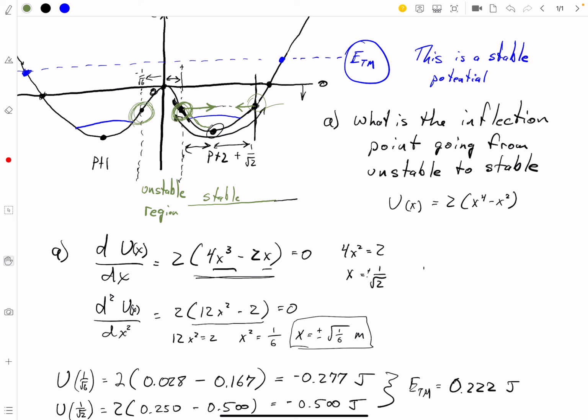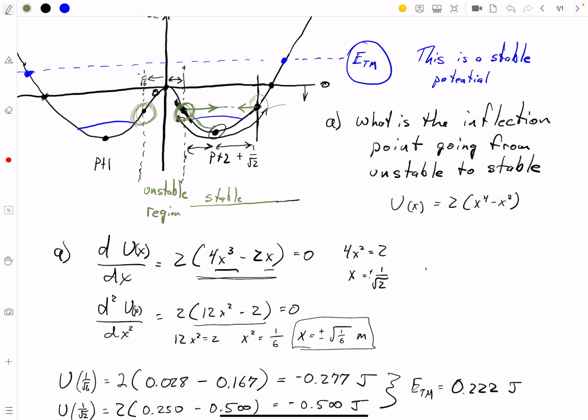Anything larger than that. So let's just pick 1, wherever 1 is. We don't know where it is. Maybe it's this point right here. Could be. What happens at 1 in our equation? 1 minus 1, that's 0. Yeah, it's 1.